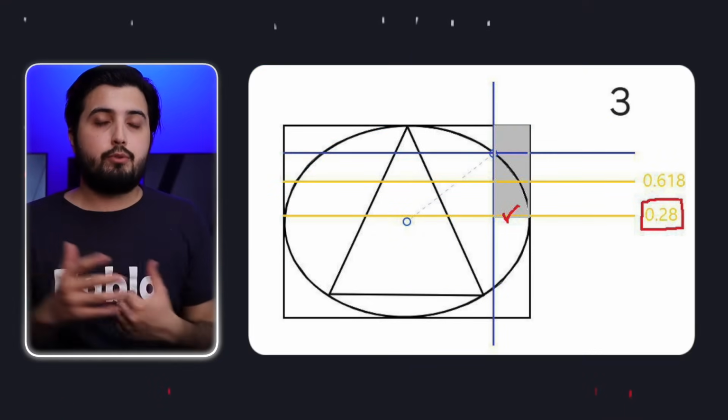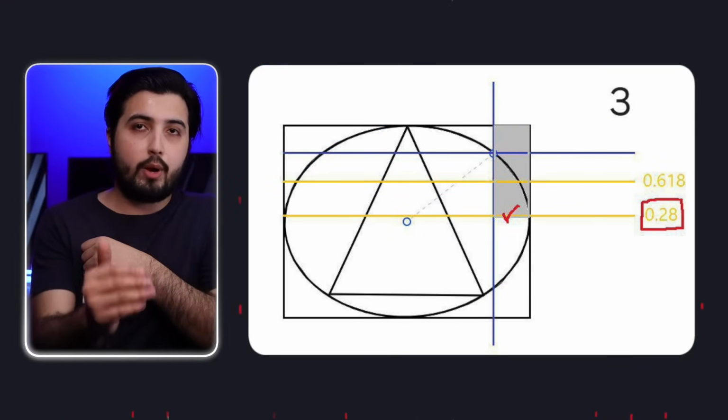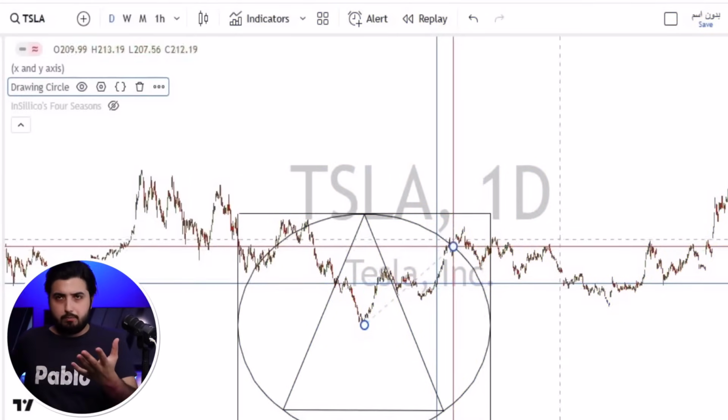The system often focuses on 2 main levels. We have the 0.28 and 0.618 on the Fibonacci scale. These zones might see price bounce or stall, but not always. In some cases, price breaks through. In others, it may reverse temporarily before continuing. Here's a quick example.